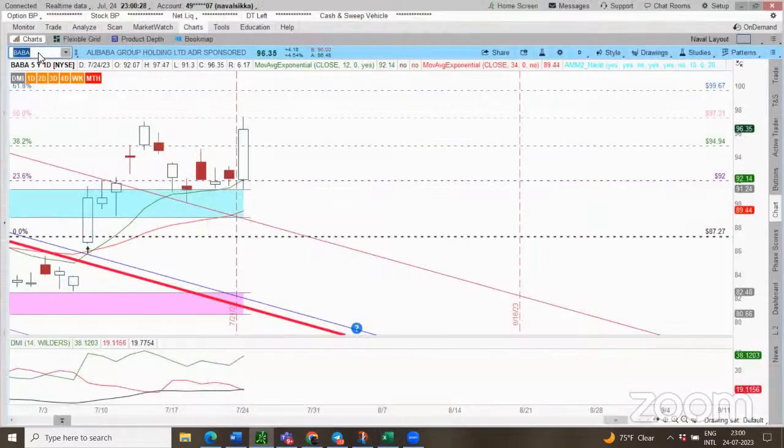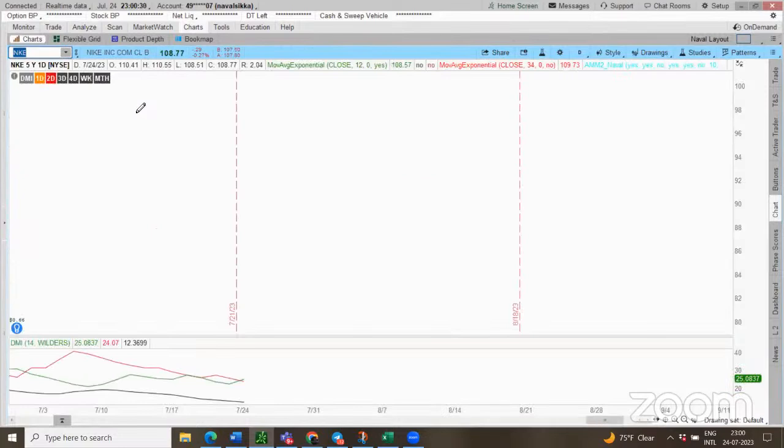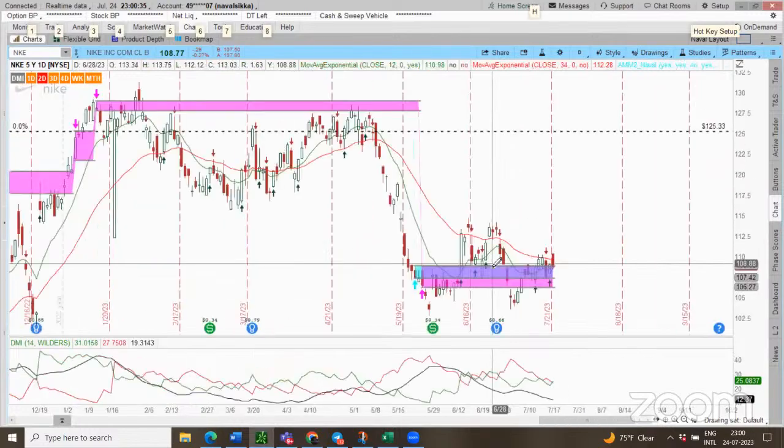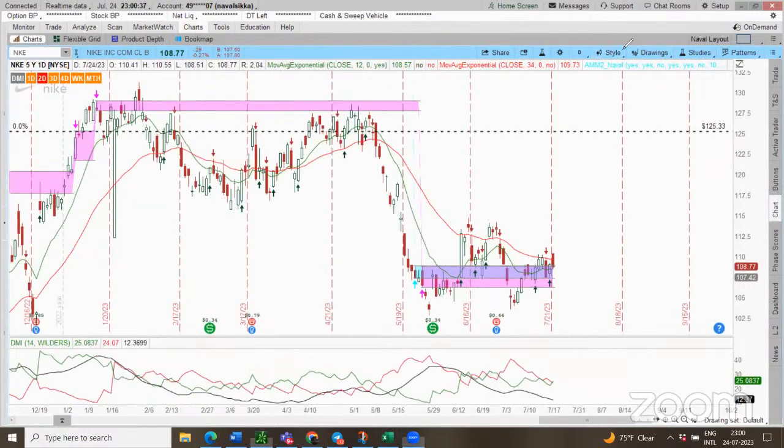Nike had calls and everything, but it failed and it's failing miserably. This is a bearish pennant. Now strength is loosening, everything is loosening for now.